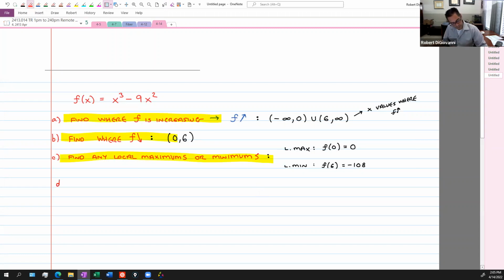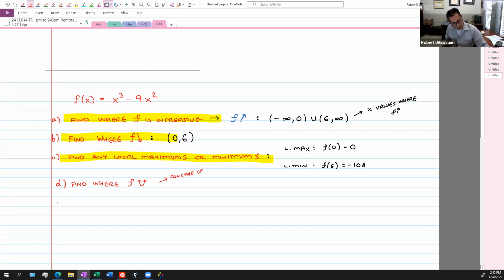Part D. Find where f, the original function, is smiling, right? Concave up. To say that, I'm going to draw a little U like that. That kind of lets you know it looks like a smile. So what this really means is I'm asking you where it's concave up, all right?